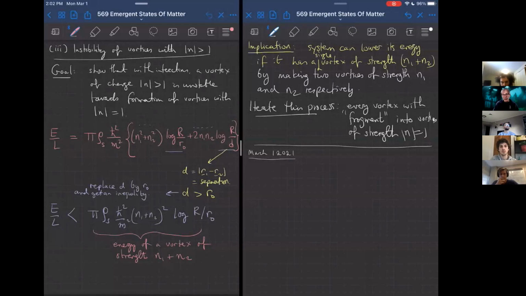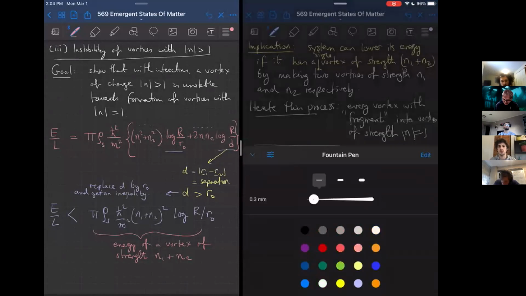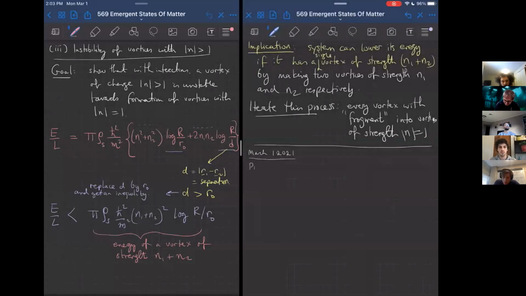So in today's lecture, I want to talk about the phase diagram of vortex matter. The picture that I want you to be thinking about is that I start off with some degrees of freedom, which in this case are helium atoms.